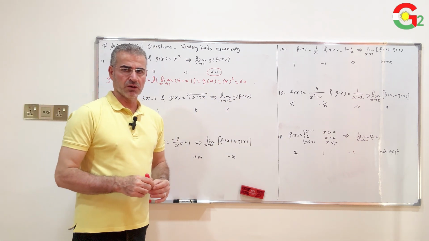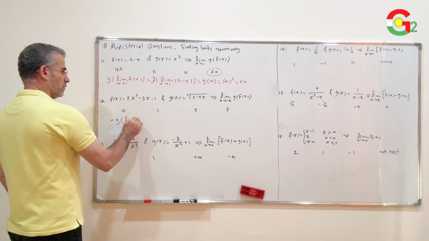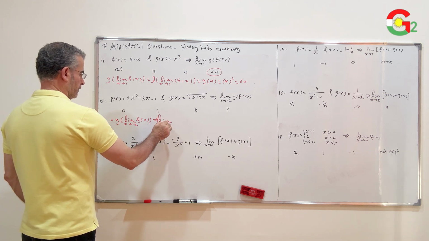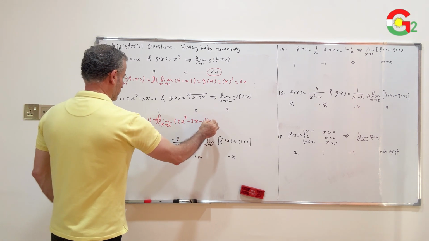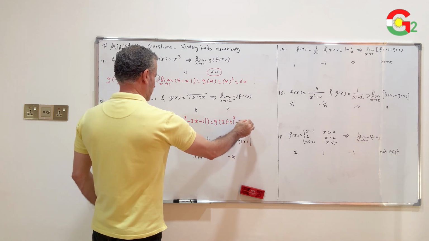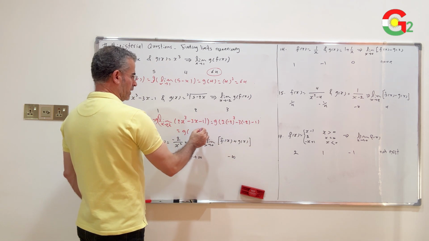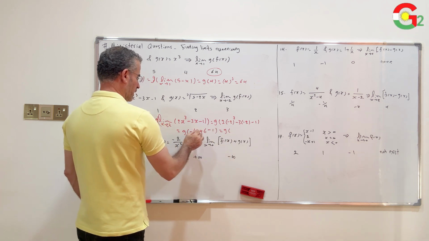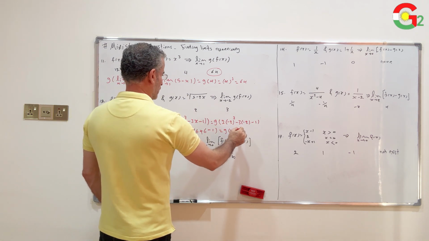Find the limit of the composite function g of f of x when x approaches negative 2, equal to g of the limit as x approaches negative 2 of f of x, equal to g of negative 2 to the power 3 minus 3 times negative 2 minus 1, equal to g of negative 8 plus 6 minus 1, equal to g of negative 8 plus 6 is negative 2, negative 2 minus 1 is negative 3.